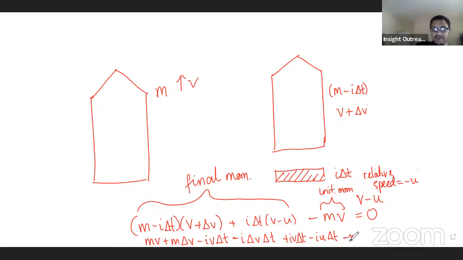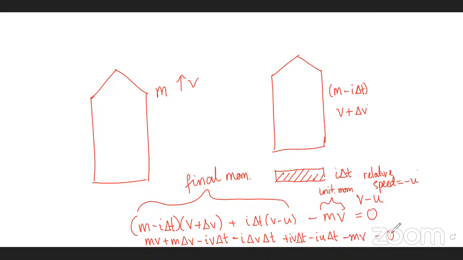And then take away the mv. Equal to 0. So then what cancels out?